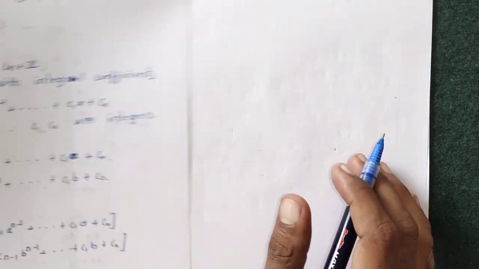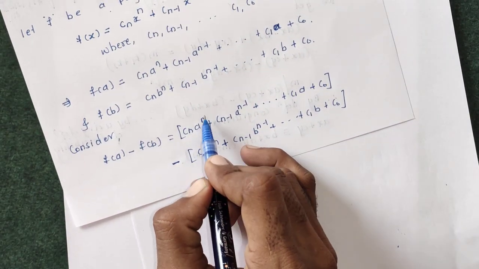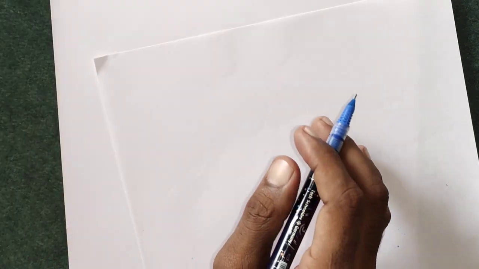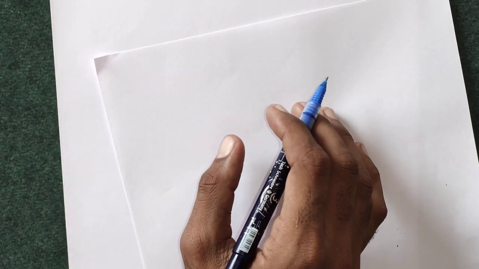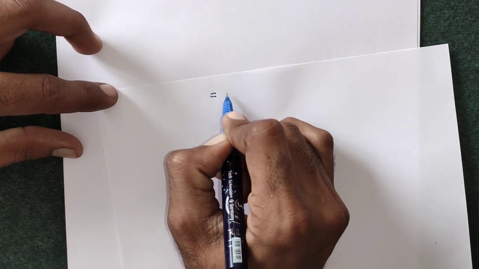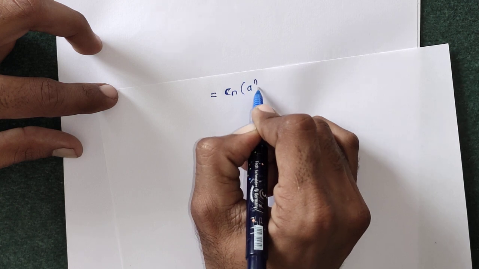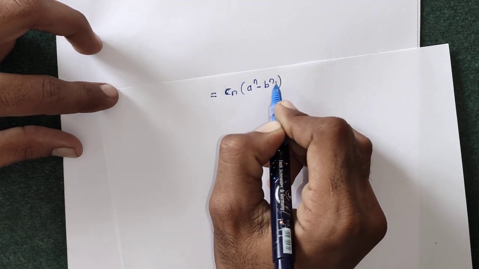So in the next step we will get, taking cn common, it remains a raised to n minus b raised to n. So f of a minus f of b is equal to cn into a raised to n minus b raised to n.